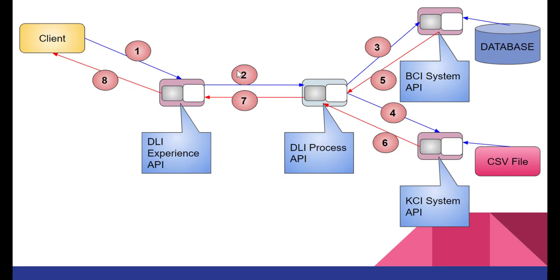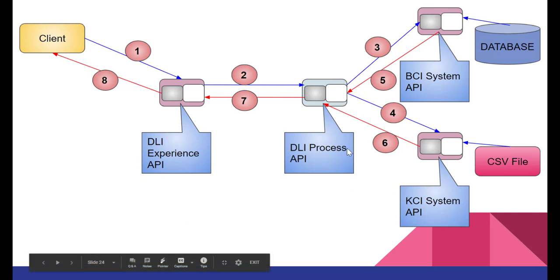In that case, the DLI process API will call both the BCI system API as well as the KCI system API, and it will fetch data from the database table as well as from the CSV file. It will combine both the data received from the database and CSV, generate one canonical formatted data, and send that back to the DLI experience API, and then that data would be sent as a response to the client. So this is what we are trying to achieve, right?